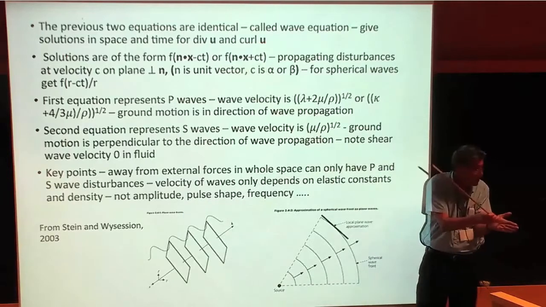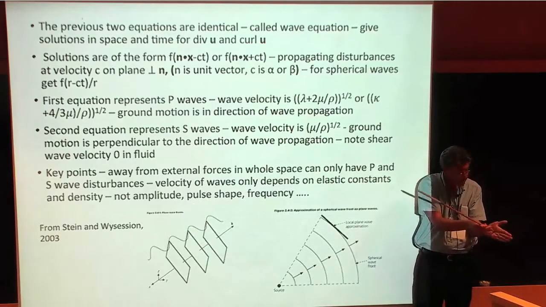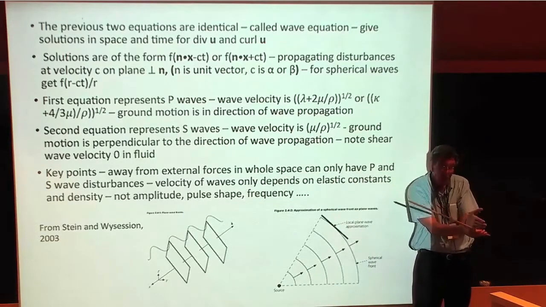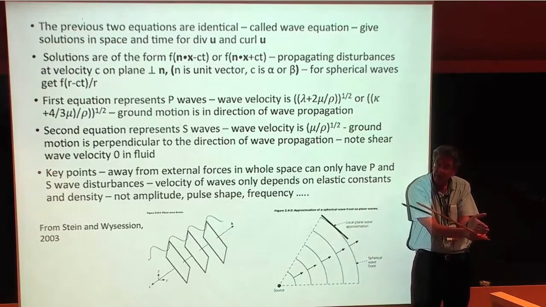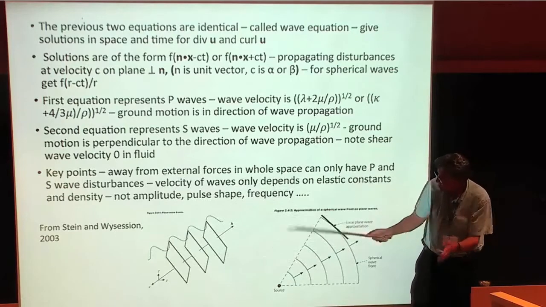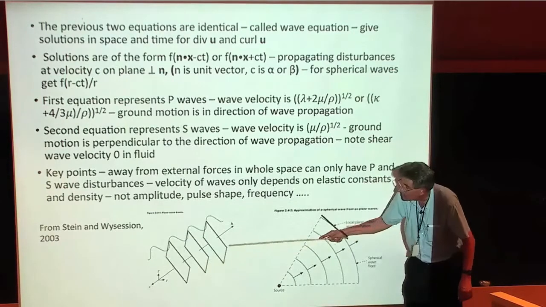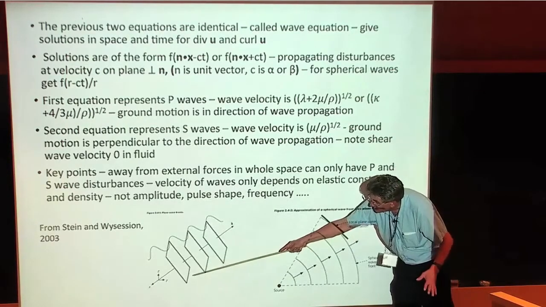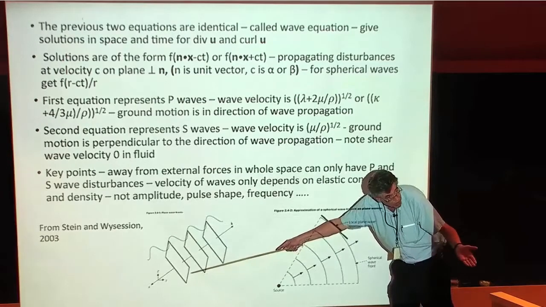You will have that same disturbance a distance c away, 1 unit of time away, on a plane again. So it represents plane waves. So you can think of these planes here as being snapshots of the wave, the pulse, at different times.